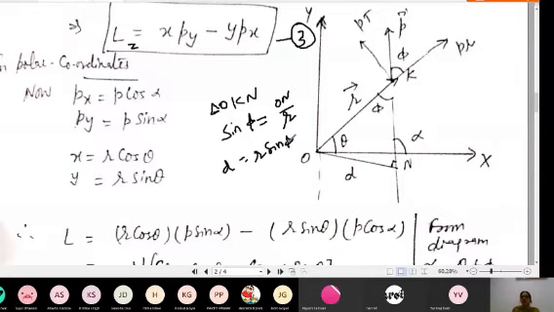So I can replace r sine phi simply by ON, which is the perpendicular distance d.